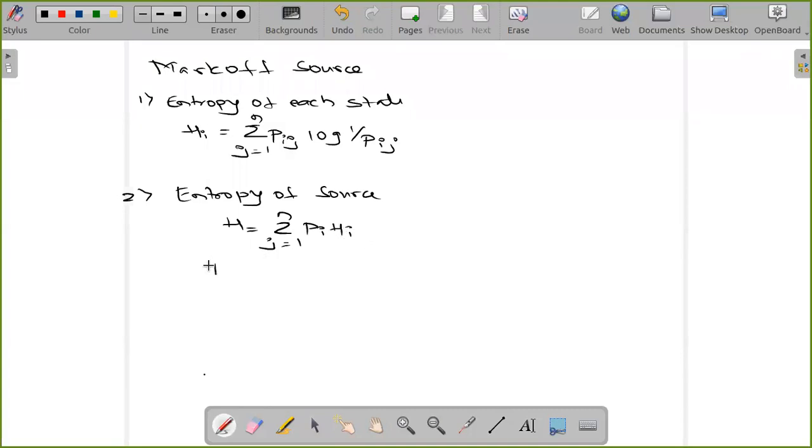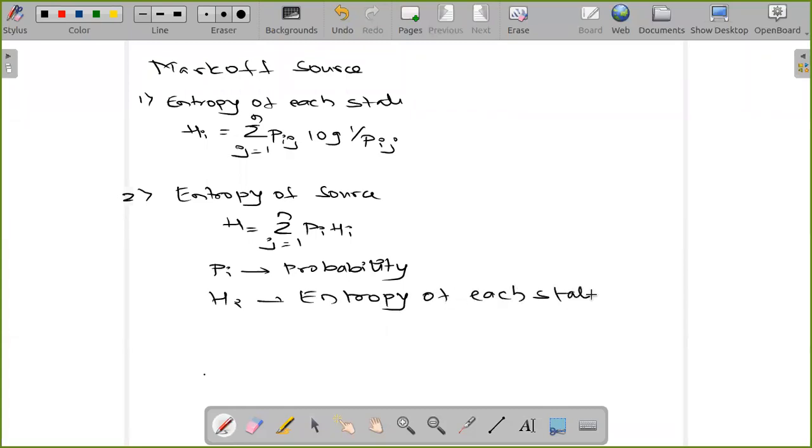As we know, Pi is the probability and Hi is the entropy of each state.